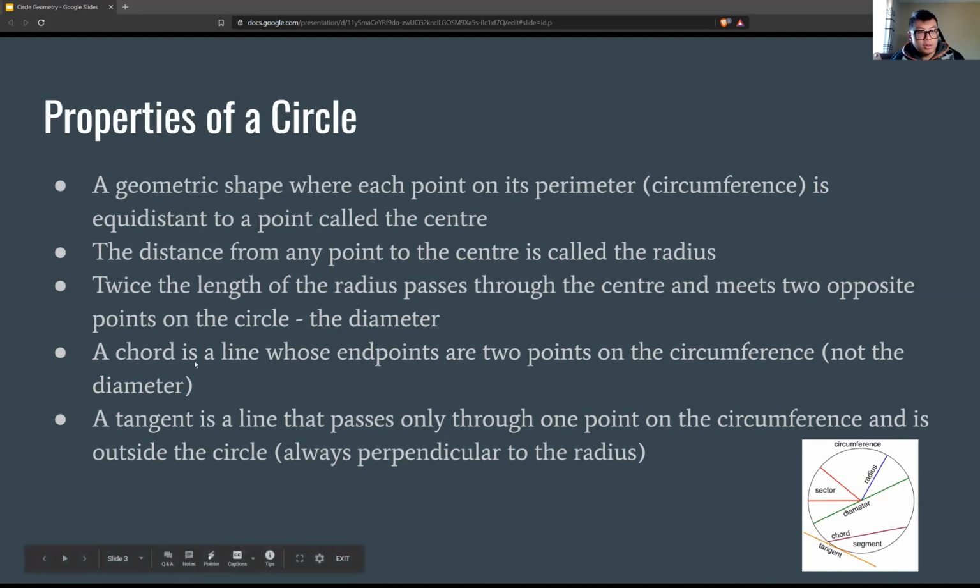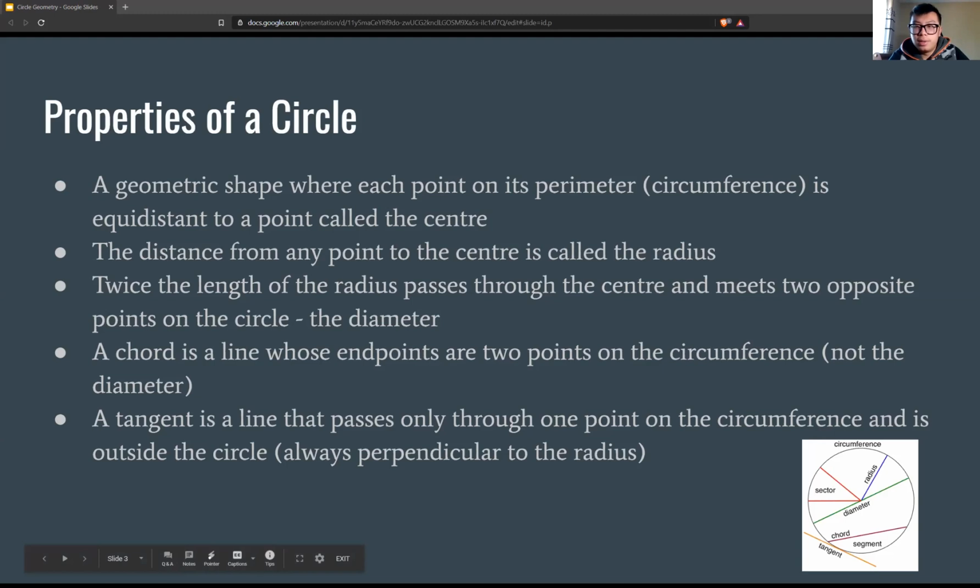We have a few more terms to cover. A chord is a line that has endpoints on two points of the circumference. So one point and the other point makes a chord, but it doesn't necessarily pass through the center point, so it's not always going to be a diameter.